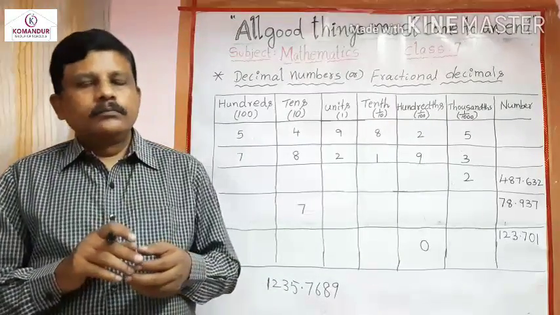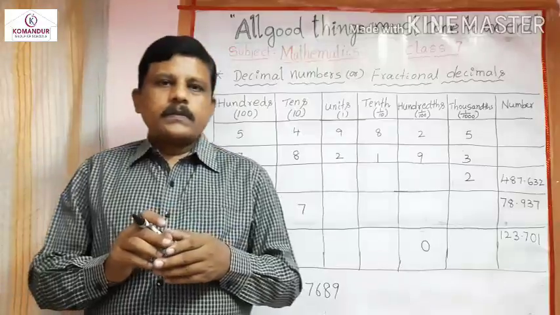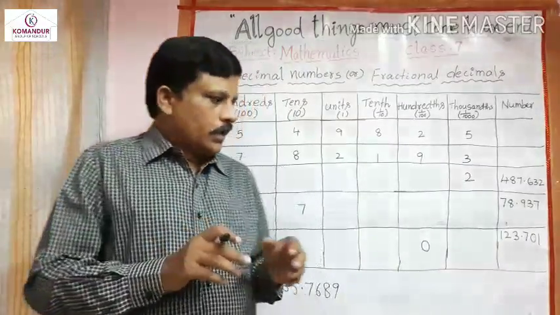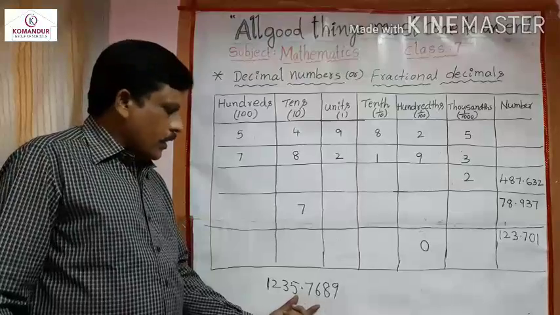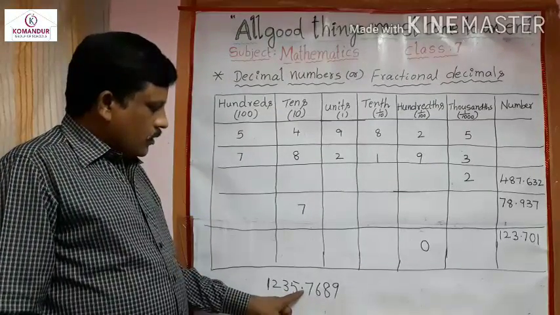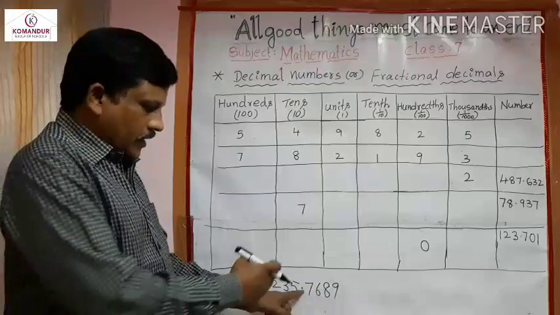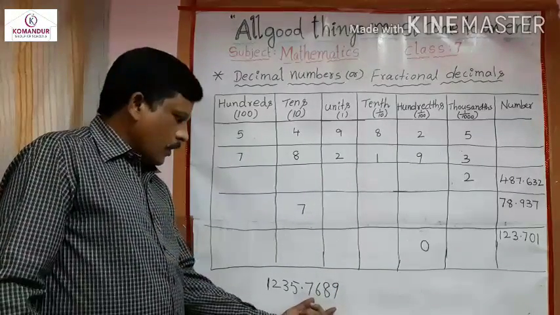So now, in this decimal number, see that suppose this is a decimal number. In this decimal number, the right side of the point is the decimal part.